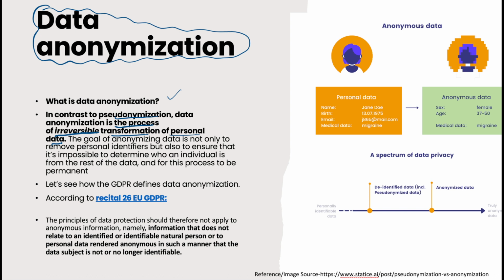Okay, and lastly, quickly, once you have personally identifiable data, we have pseudonymized data, what we have discussed, and one step further is the anonymized data. Truly anonymized data is an irreversible process, you cannot identify a person from this set of data. With pseudonymized data, you can identify the person, it is a reversible process.